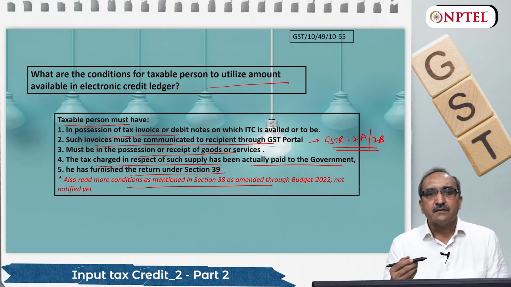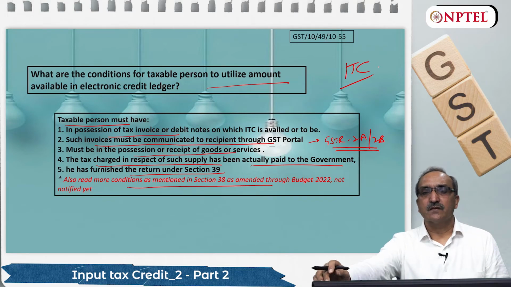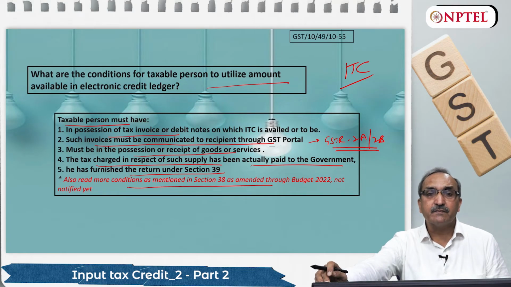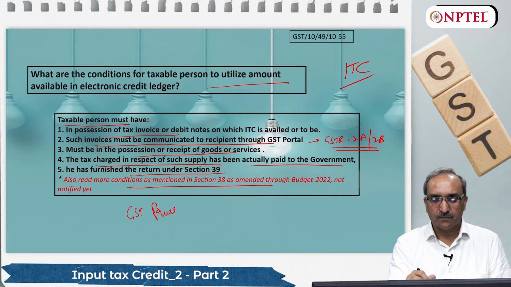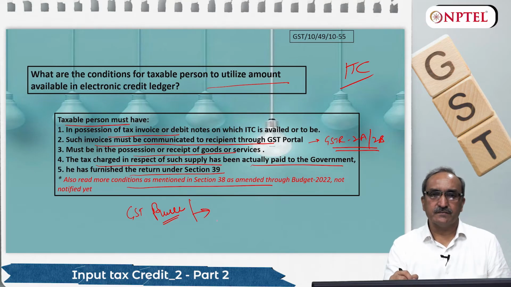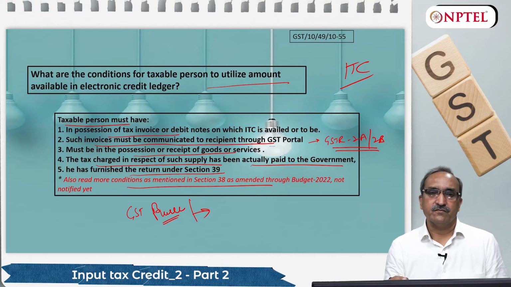So friends, there are so many conditions when you are using your ITC, and if you are adopting wrong practices, your registration can be cancelled, your electronic ledger can be blocked, and action will be taken against you. Because payment of GST on your purchases is simple, but taking the benefit of it to meet your own tax liability is tough.